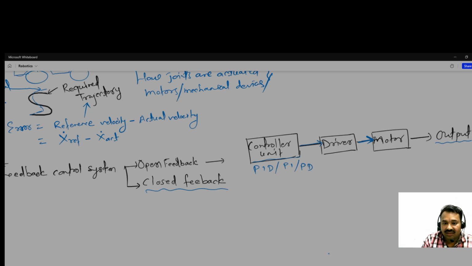And the same thing: the controller unit, then driver, then motor, then the output.